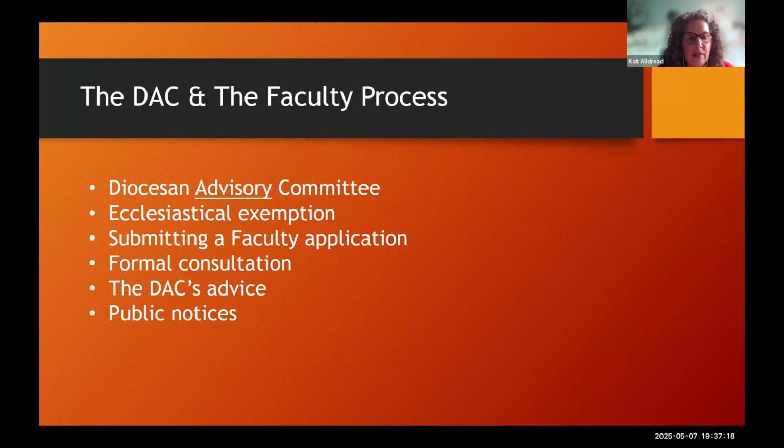Of our listed buildings, 66 churches in the diocese are grade 1 listed. And just to understand how significant those grade 1 listed buildings are, of all of the listed buildings in the country, only 2.5% of those listed buildings are grade 1 listed. So the fact that we have 66 of them in the diocese is quite significant.